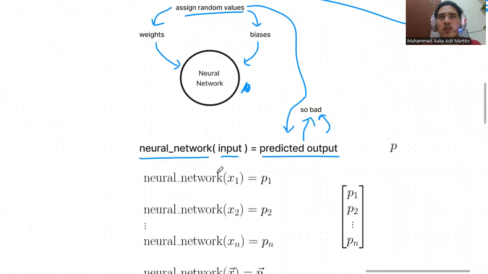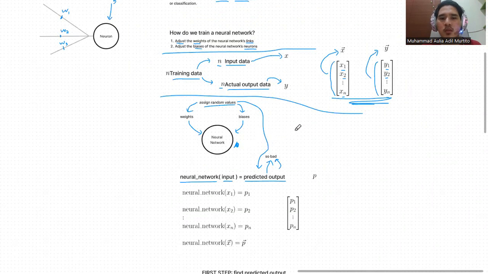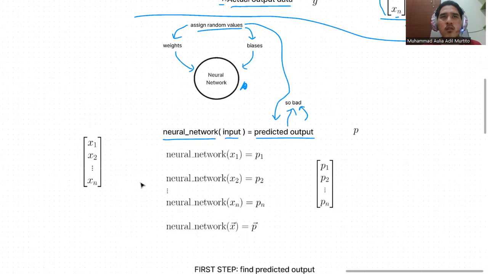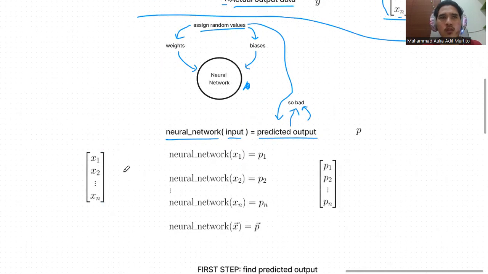Now, the input will be the training input data. So we insert the values of each input datum into the function. We input x1 to the neural network function, and it will produce, I represent predicted output as P, so P means predicted output.